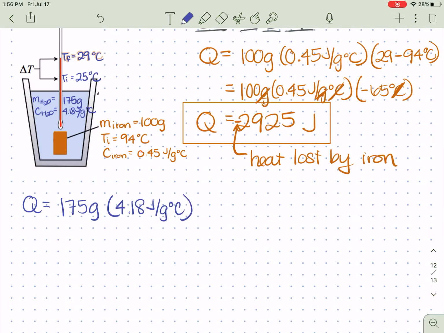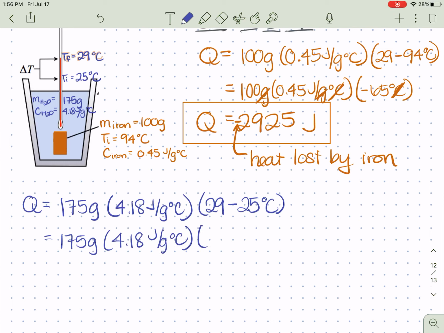And then our temperature change, in this case, is much simpler. Our final temperature is 29 degrees. Our initial temperature is 25 degrees Celsius. So that gives me 175 grams times 4.18 joules per gram degrees Celsius times 4 degrees Celsius.